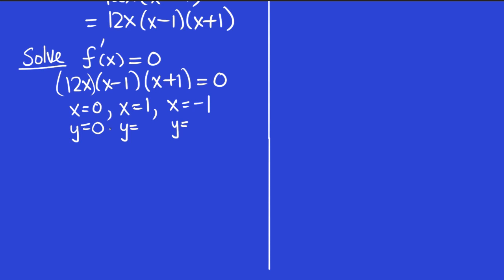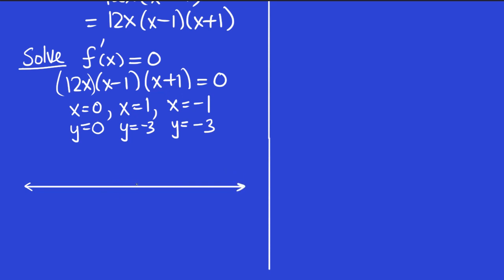So when I put 0 in the original function, I get my y value to be 0. When I put in 1, I get 3 minus 6, which is negative 3. When I put in negative 1, I also get 3 minus 6, which is negative 3. All right, let's do a little chart here to figure out what's going on.